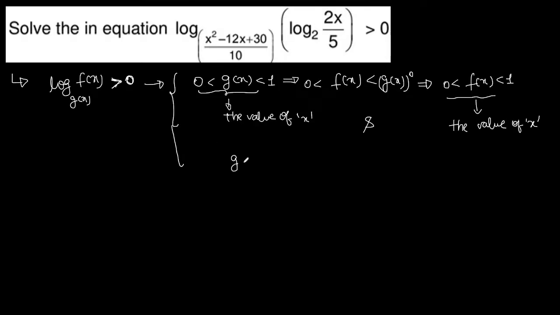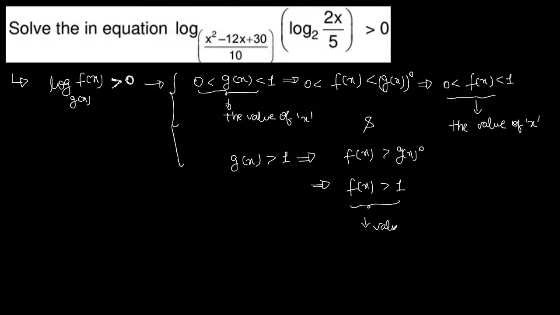Second case you will get gx bigger than 1, you will get the inequality to stay the same. fx is bigger than gx to the power 0, which will imply fx is bigger than 1. From here you will get the value of x, and from here you get the value of x.